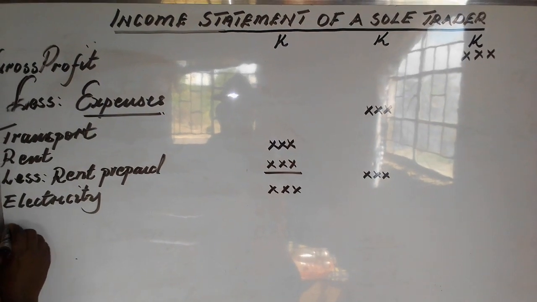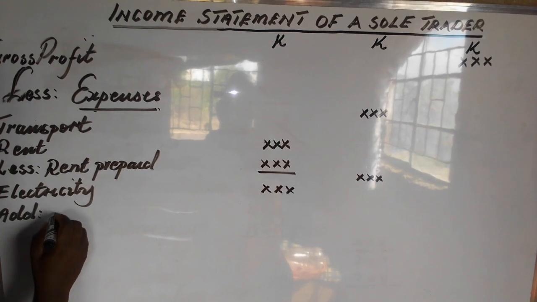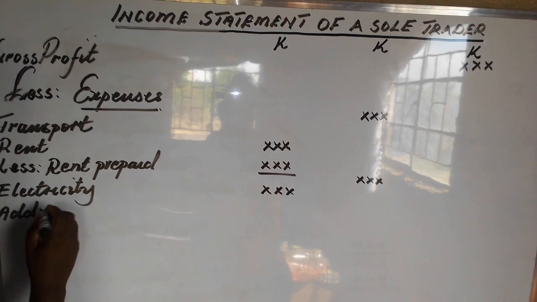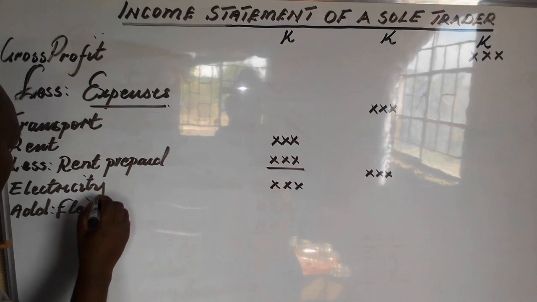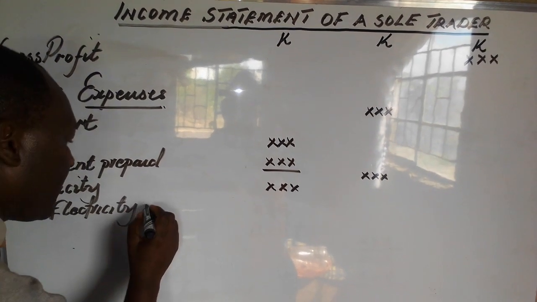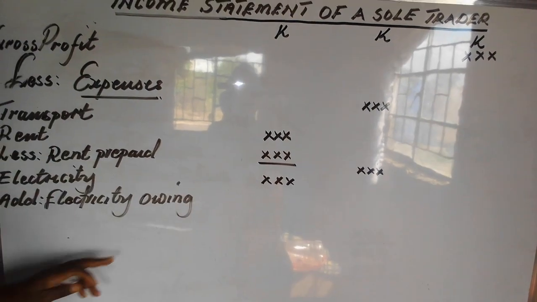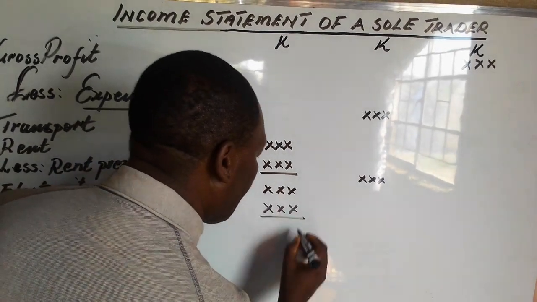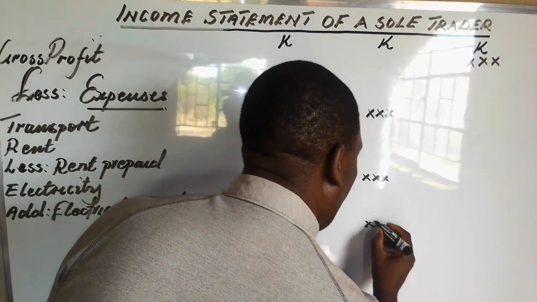So you say add electricity outstanding, not rent. Add electricity owing. You add, and the figure that you get after adding comes there.